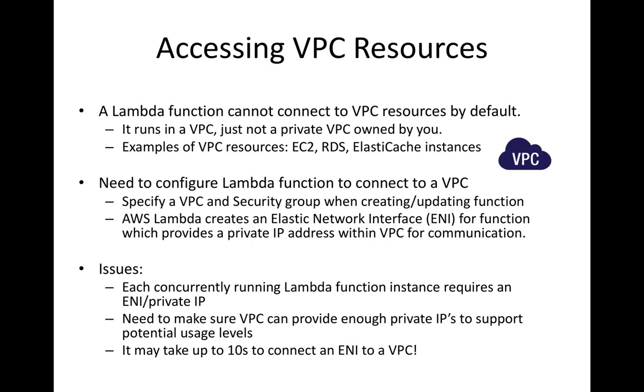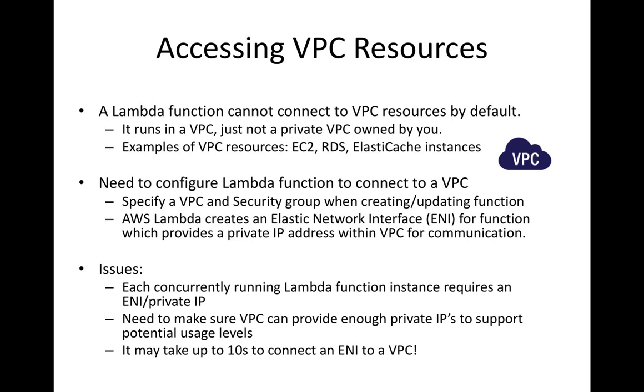Now, you have to remember that there are cases where a Lambda function is going through a cold start process, and other cases where a Lambda that was previously invoked might be re-invoked again in a warm start situation. And in a warm start situation, the Lambda function already has a private IP address and ENI set up.